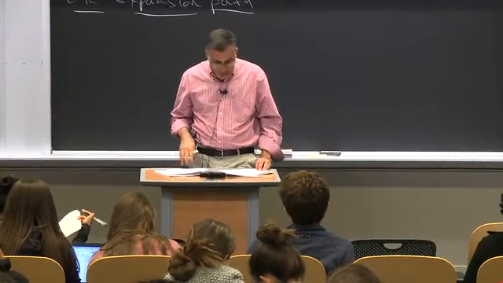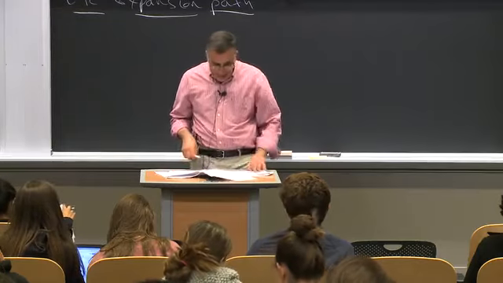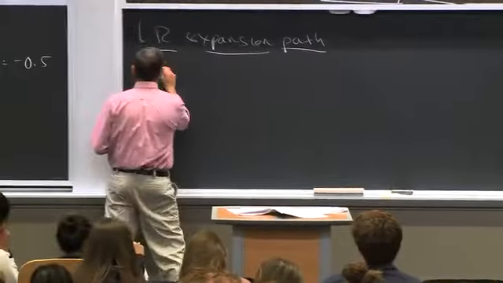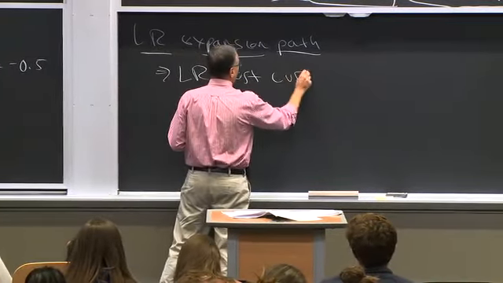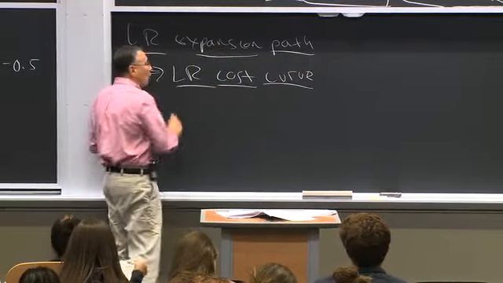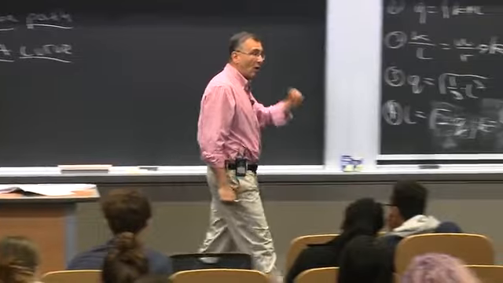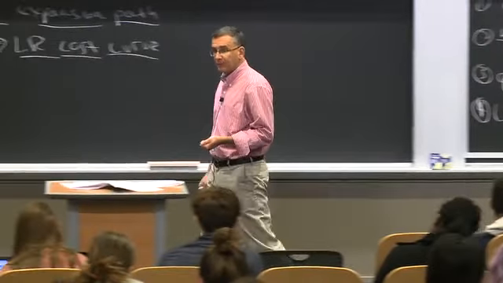Here's the bottom line that we want to come to. That long run expansion path is our long run cost curve. So ultimately, if you want to ask, how do my costs vary with how much I produce? This curve tells you.